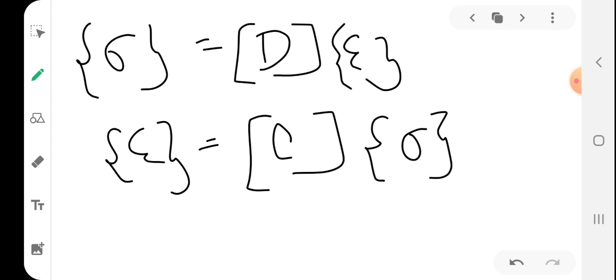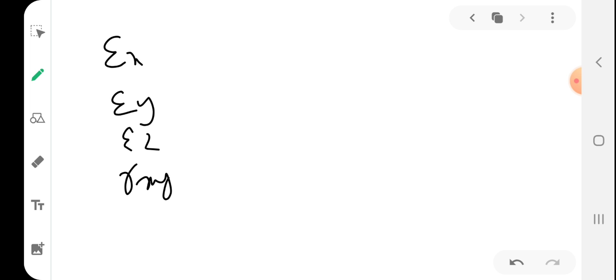So students, for an orthotropic material, you can write epsilon x, epsilon y, epsilon z, gamma xy, gamma yz, gamma xz.